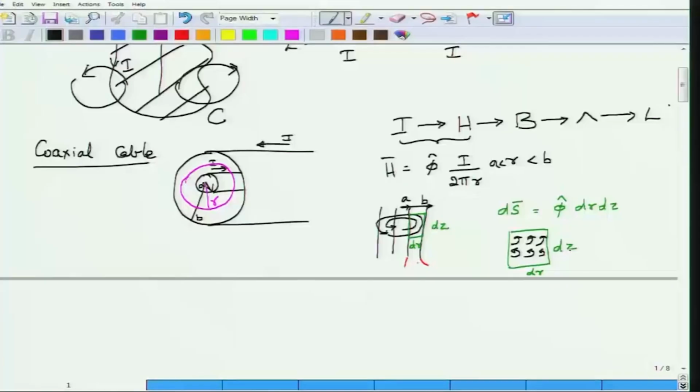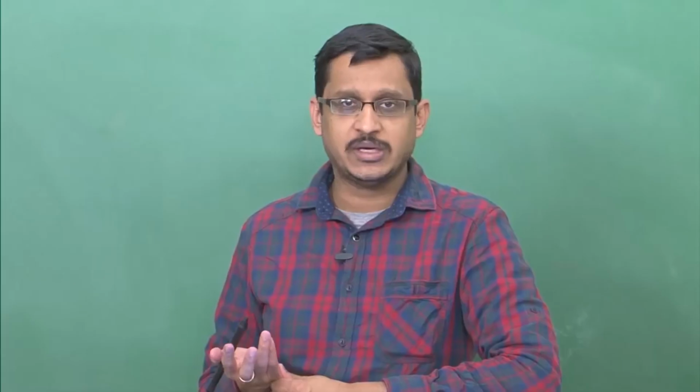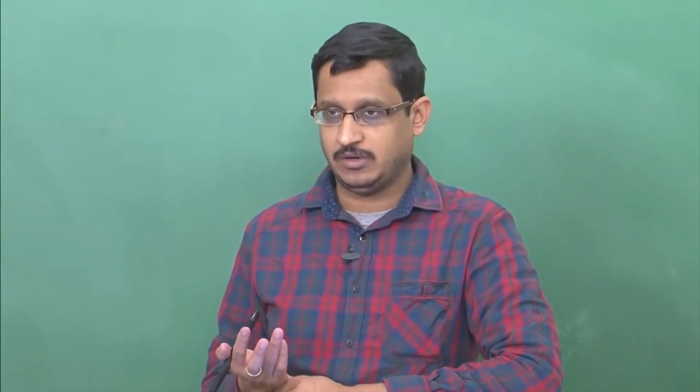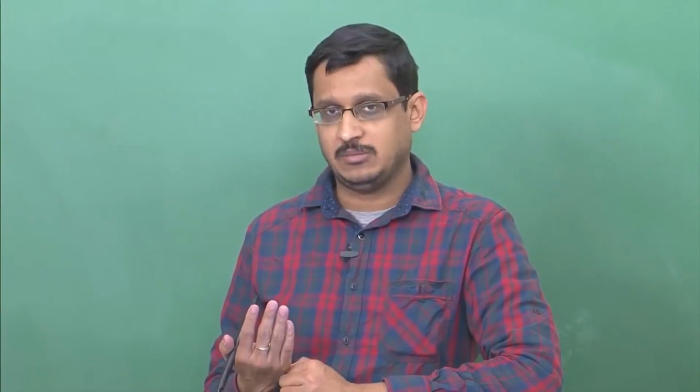Rather than that, we take the integration over say 1 meter along the z axis and whatever the r values that need to be there, and then the result will actually be the inductance, right. And if you divide that by 1 meter, you are going to get inductance per unit length. This was precisely the thing that we did for capacitance per unit length, right. When we had a coaxial cable, we assumed a certain charge distribution.